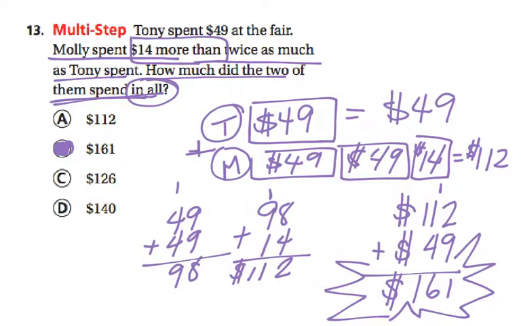I bet some people might have missed that they needed to double how much Tony spent. So make sure you look at everything it says in that problem so you can follow each step. I'm going to give you a moment to get that down.